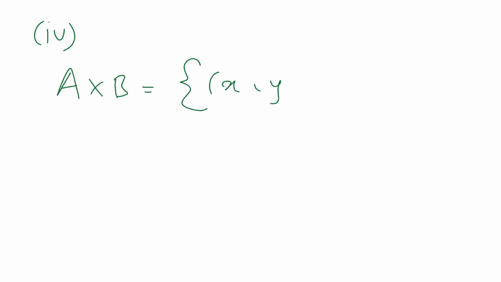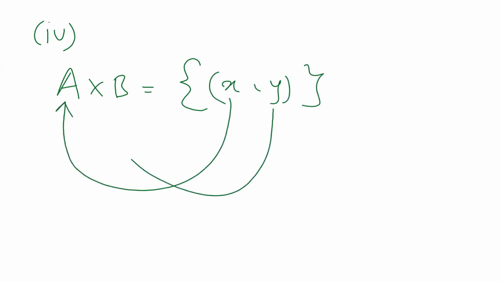That is question number 4 of true or false. Right? A and B are two non-empty sets. Then A cross B is a non-empty set of ordered pairs X comma Y such that X belongs to B and Y belongs to A. Now A cross B is a Cartesian product which has ordered pairs X comma Y. So X should come from A and Y should come from B. But what they have mentioned is X coming from B and Y coming from A. This shouldn't be the case.